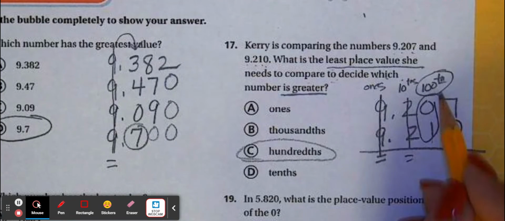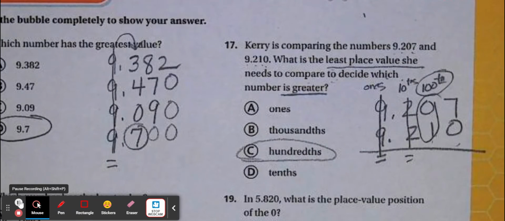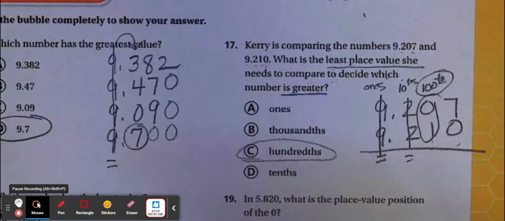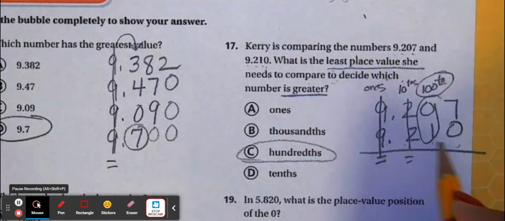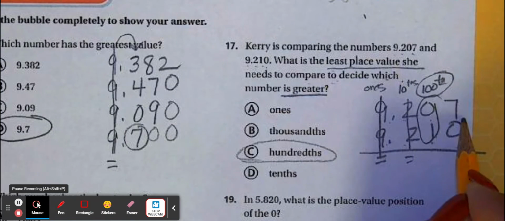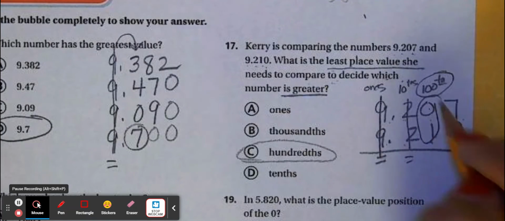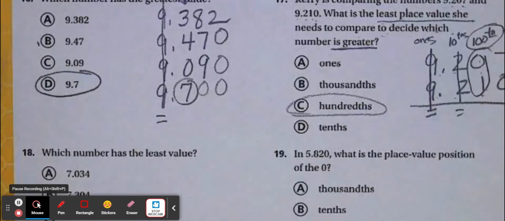It's still in the hundredths, because 9 and 21 hundredths is greater than 9 and 207 thousandths. This is where the numbers change, and it changed in the hundredths place value. Okay, so I did that right.